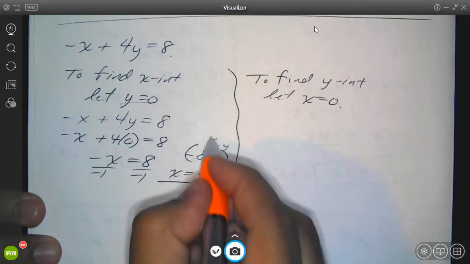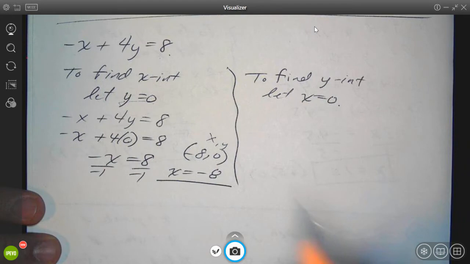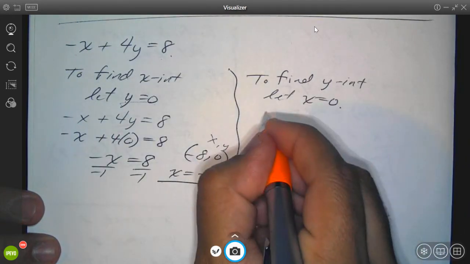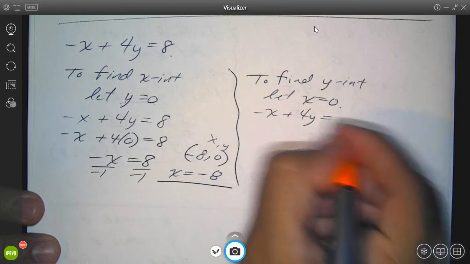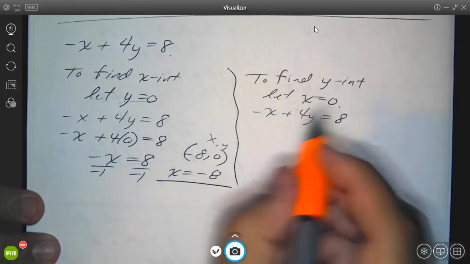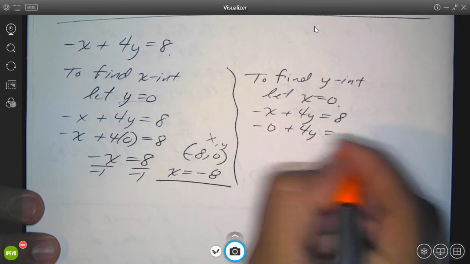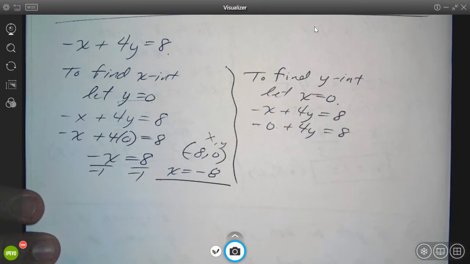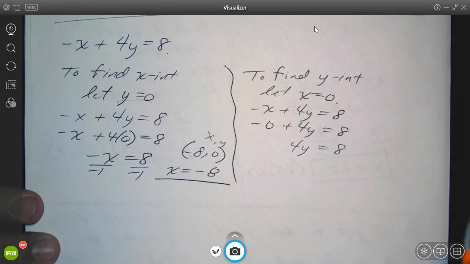X and y. To find the y-intercept, well, we let x equal 0 now. So again, we start with the same equation, and plug in everything that we know. Negative 0 plus 4y is equal to 8. Well, negative 0 is just 0. That's actually nothing. So I just write 4y is equal to 8.